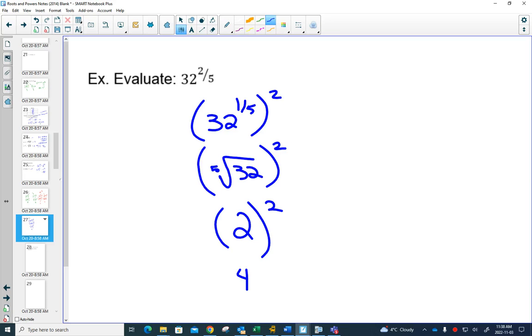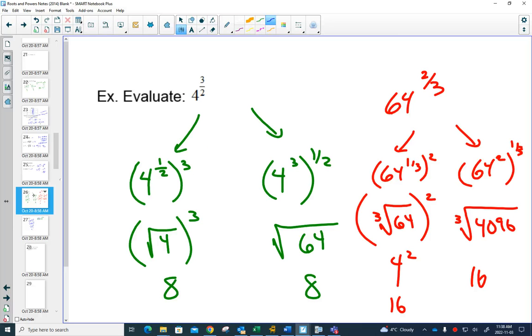I was showing you this the other day, and I think it's pretty cool, that if 32 is 2 times 2 times 2 times 2 times 2, and I take a fraction of that, 2 out of the 5, I get 4. 64 is 4 times 4 times 4.